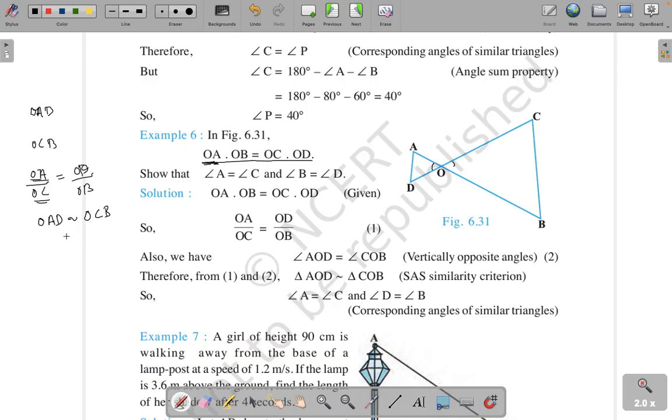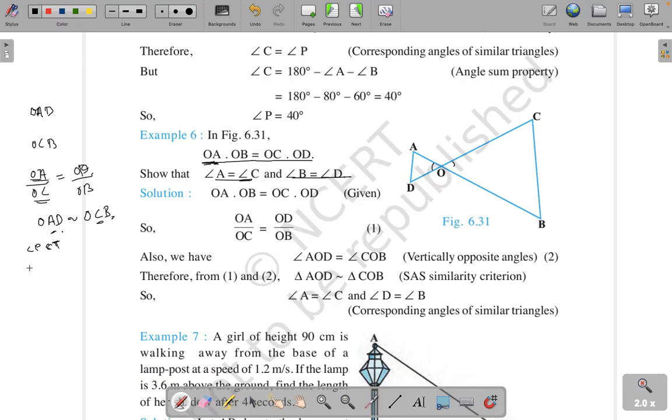Any doubt? No, sir. So A will be equal to C, and B will be equal to D, right? Here instead of CPCT, you have corresponding angles.